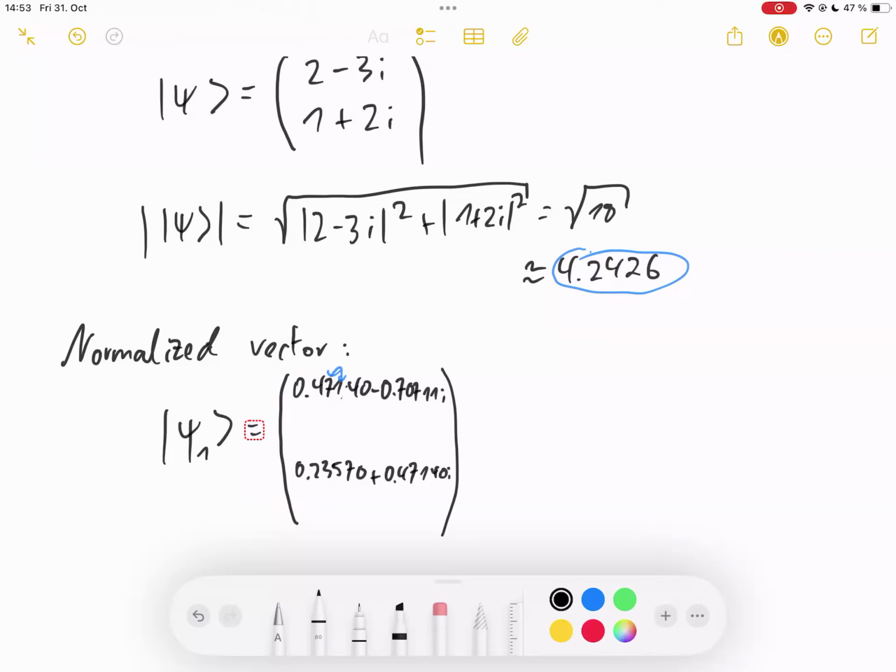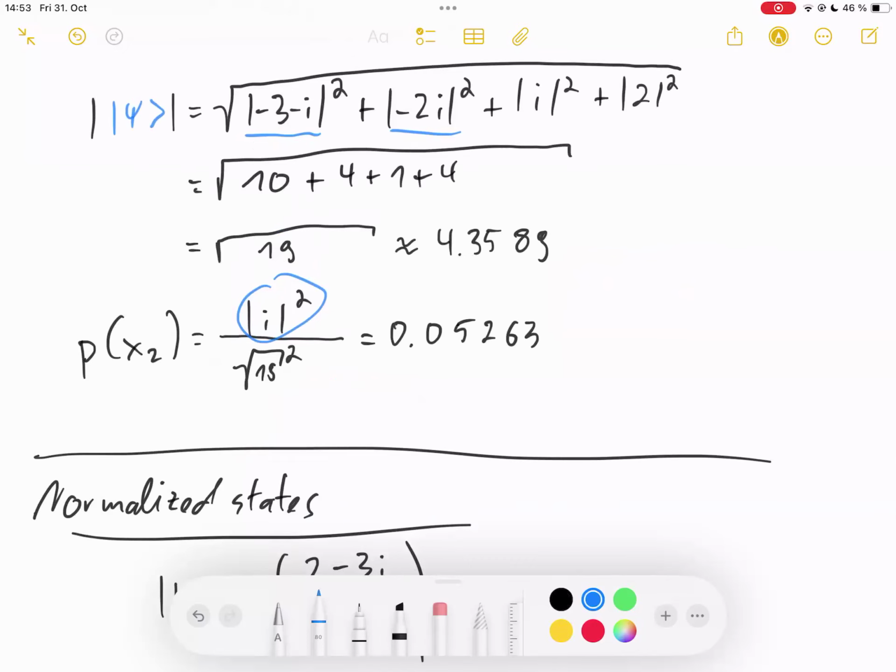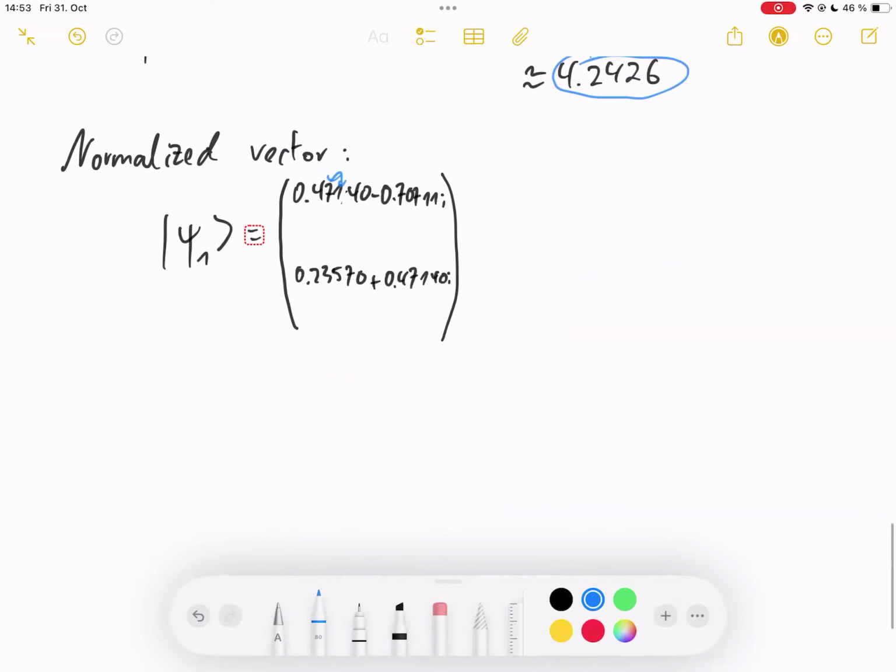So this is one example of how we have a normalized psi now. And from then on, if you calculate these probabilities like here, you wouldn't need the denominator anymore, but just the numerator, because we have normalized vectors now.